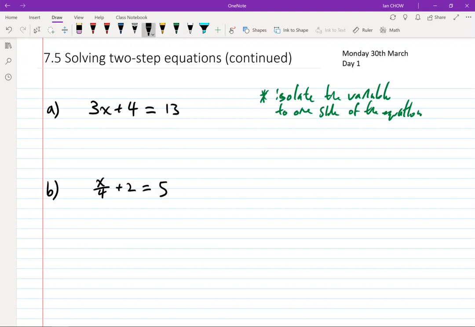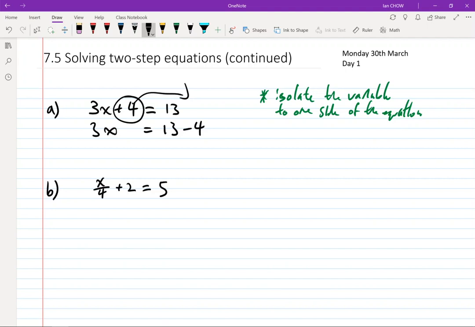So let's start off. 3x plus 4 equals 13. We have the constant here, which is getting in the way, so we want to get rid of it. In order to do that, we send it to the other side. So our next step will be 3x is equal to 13 minus 4, and that is equal to 9.